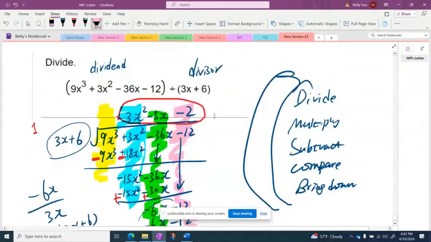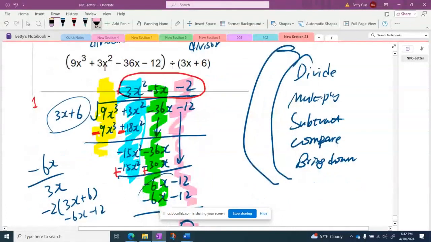So in long division, the alignment is very important. Column by column, vertically aligned terms are all like terms. It's pretty neat. All right. Any questions?